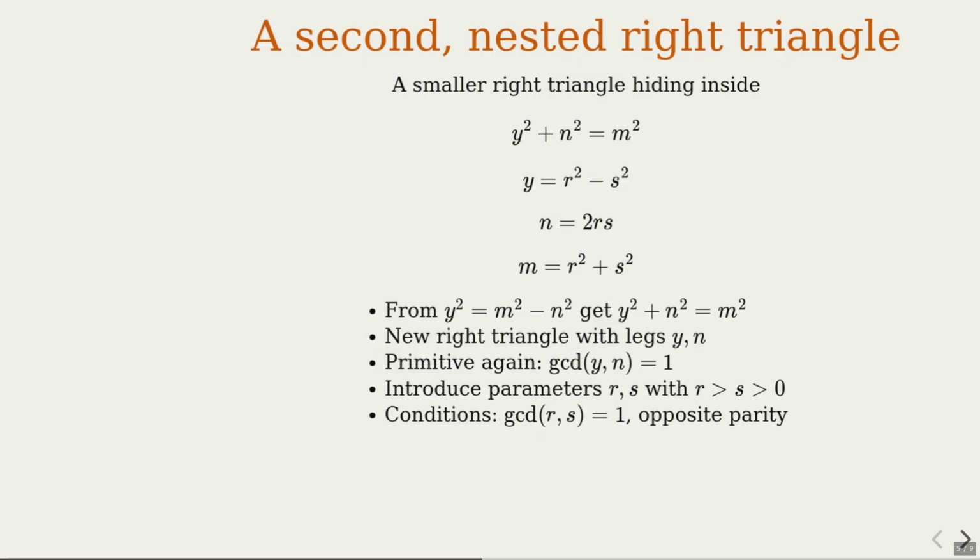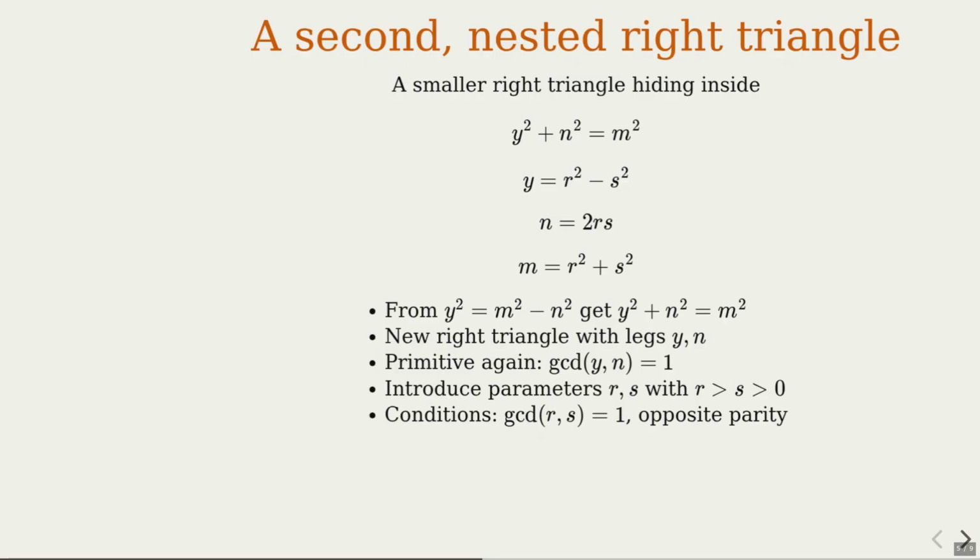One can check that y and n are still coprime, so this smaller triangle is also primitive. That means we can apply the Pythagorean triple formulas again, now introducing two new integers, r and s. With r greater than s, coprime, and of opposite parity, we have y equal to r squared minus s squared, n equal to 2rs, and m equal to r squared plus s squared.